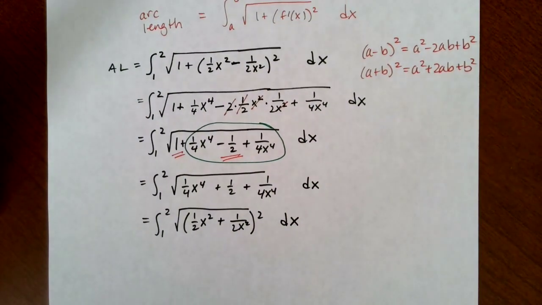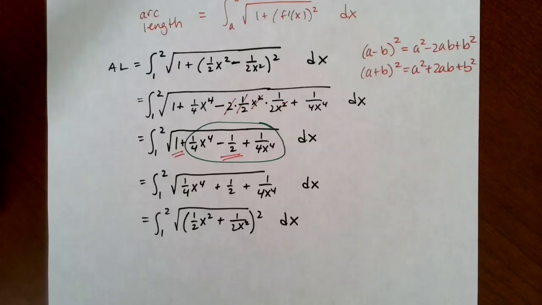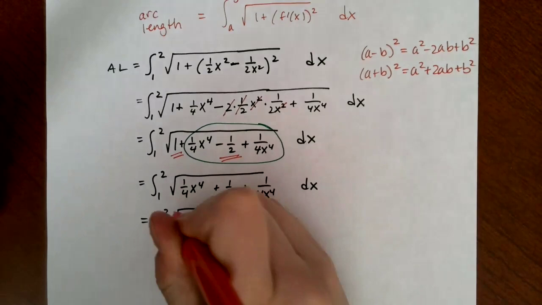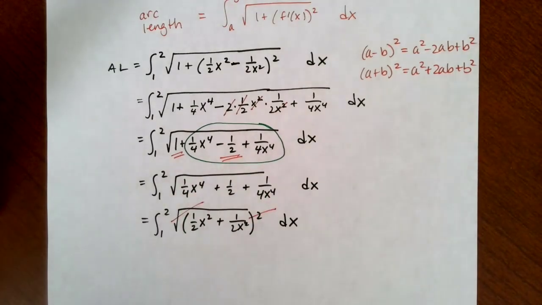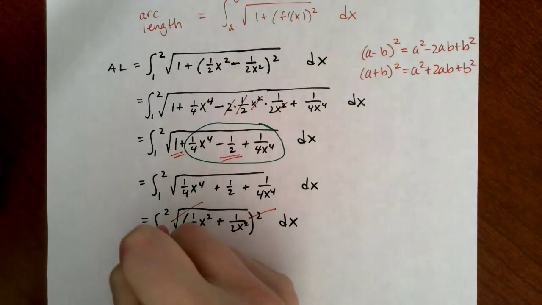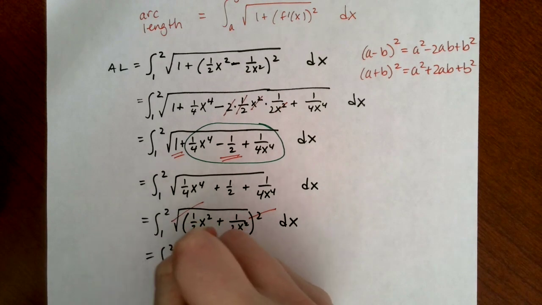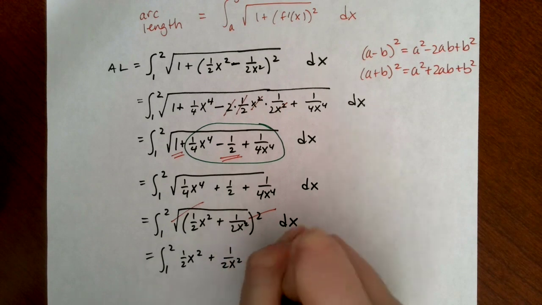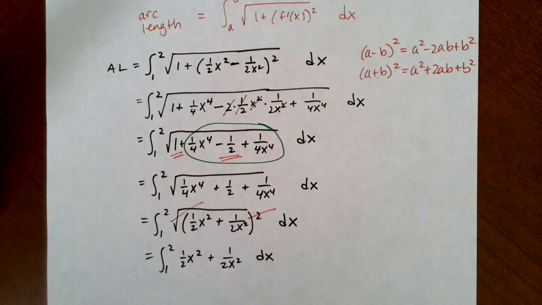And the magic there, of course, is that the square root and the square can cancel. Technically, they cancel to an absolute value, but both of these terms are always positive, so we don't have to worry about that. And we have just 1/2 x squared plus 1 over 2x squared left as our integrand.